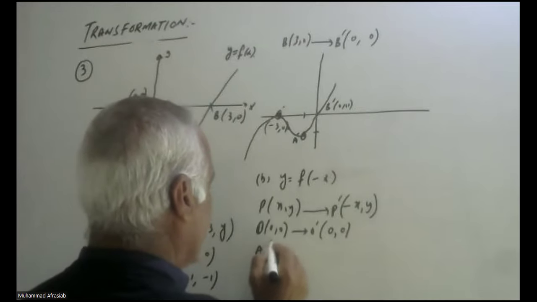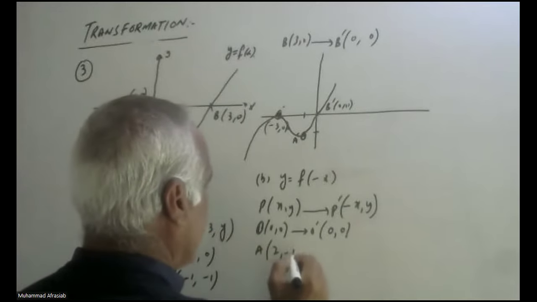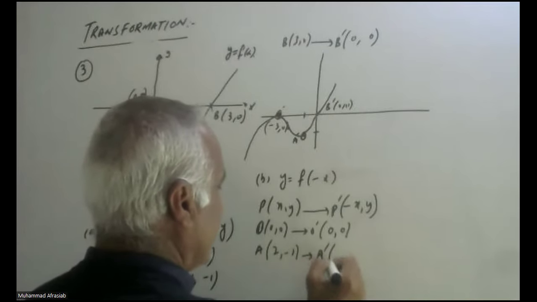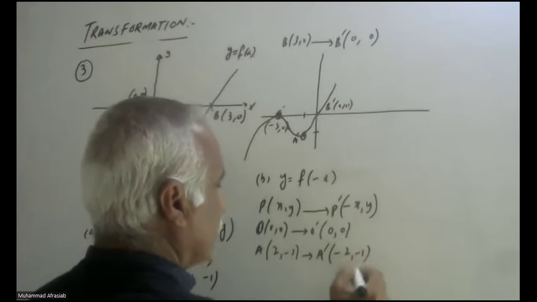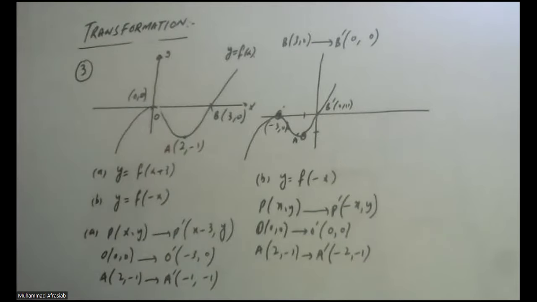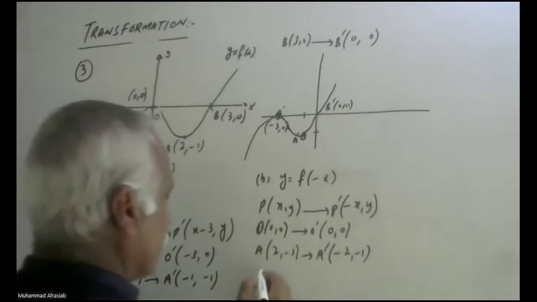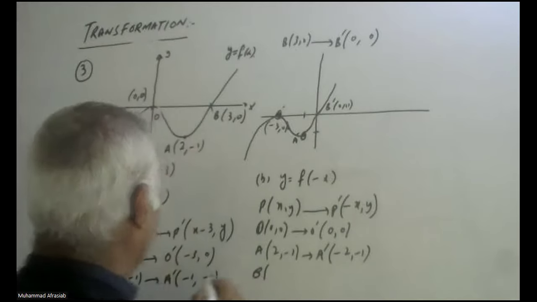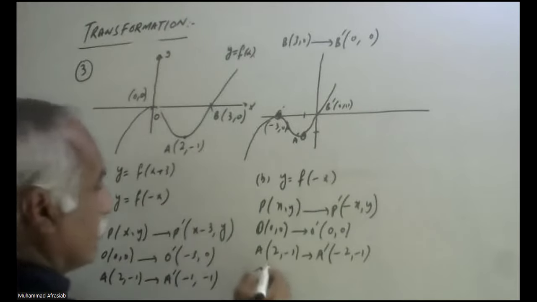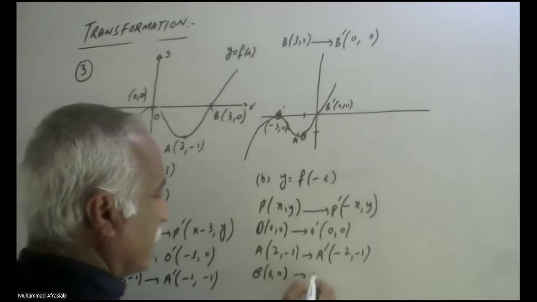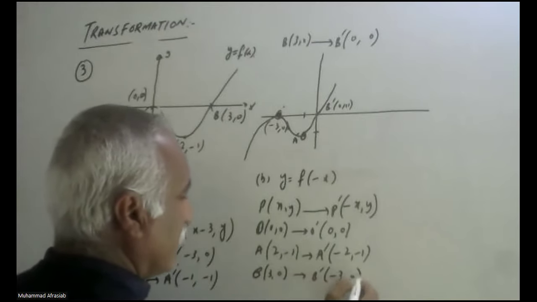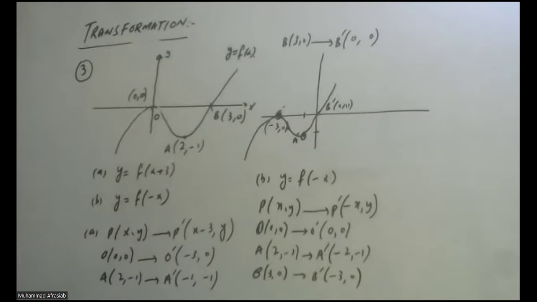The point A, which is (2, -1), will become A dash as (-2, -1). And the B part is (3, 0). So this point will become B dash, which is (-3, 0). So the whole graph is going to be reflected about the y-axis. And now we are going to draw the sketch of this portion.